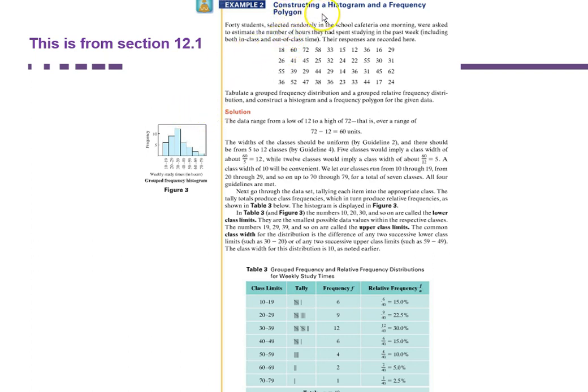It says, construct a histogram and a frequency polygon. Well, here we had to put all of this data into an organized chart, as we see down below. So there are the class limits. We did a tally, as we mentioned earlier, in showing an illustration of what's there. Here there are 6, here there are 9, and so on.